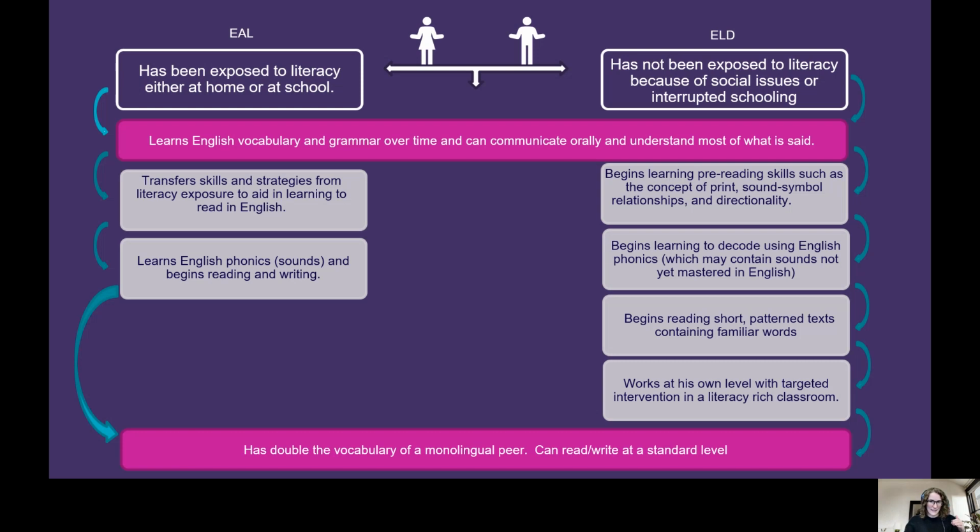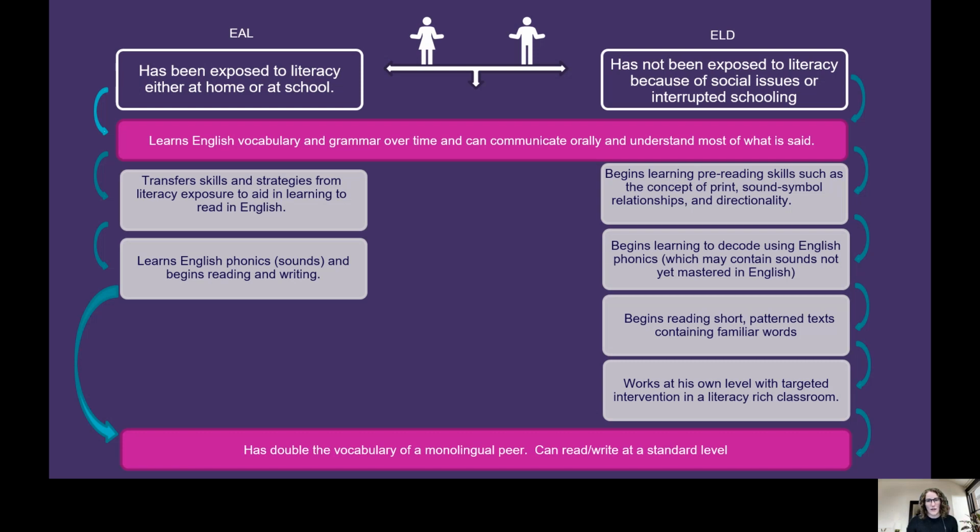So this takes such a time that if you have a student in first grade or in seventh grade, you're going to see very little growth within that year. And then the growth seems to speed up, at least in my experience, once they kind of get those pre-reading skills and they start to really understand English phonics.